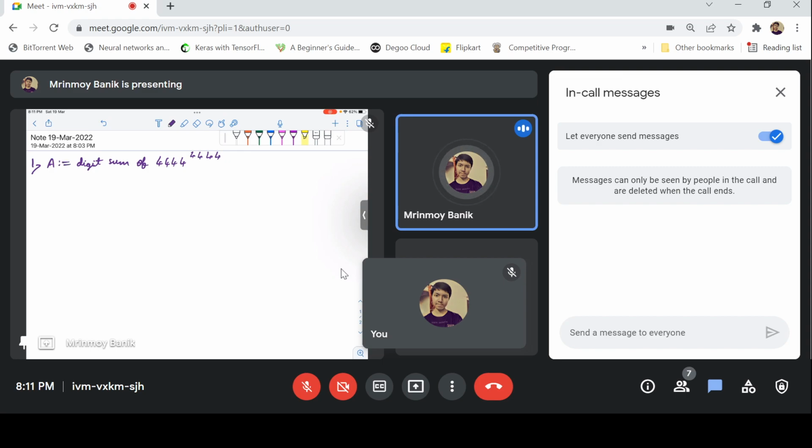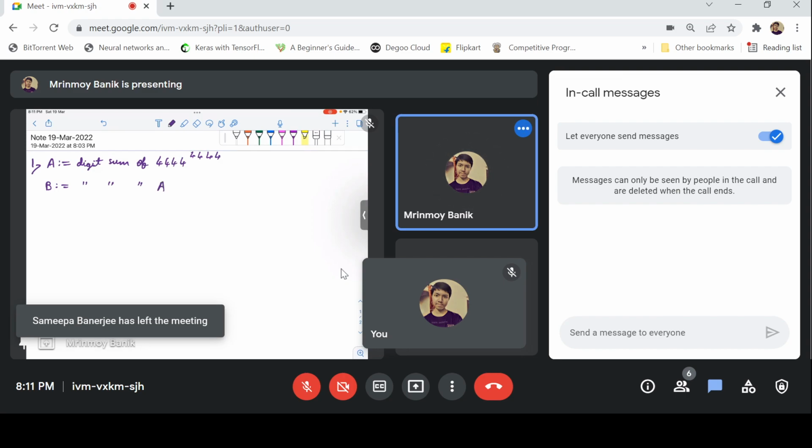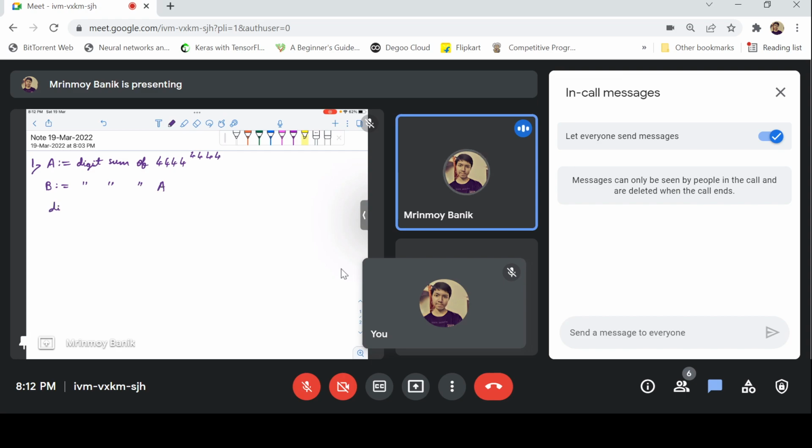So that's the definition of A, and B is the digit sum of A. And we have to find the digit sum of B. That is the thing we have to find.